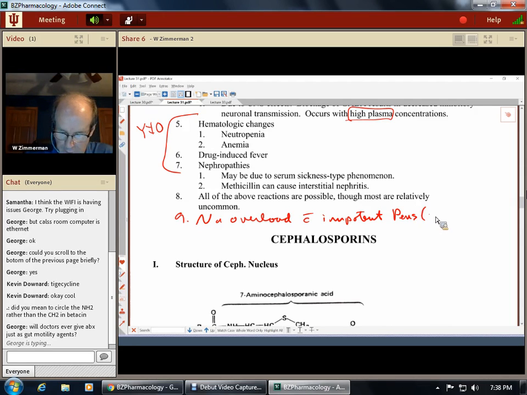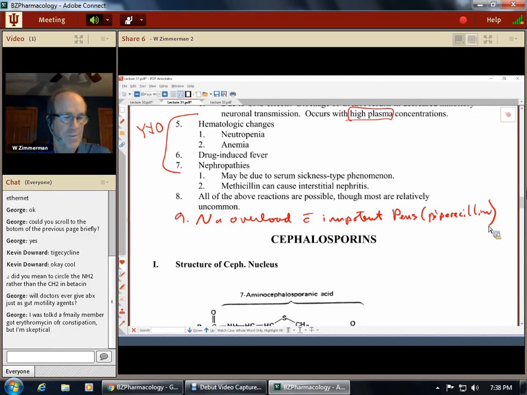Something like the piperacillin. But that's it for the penicillins.